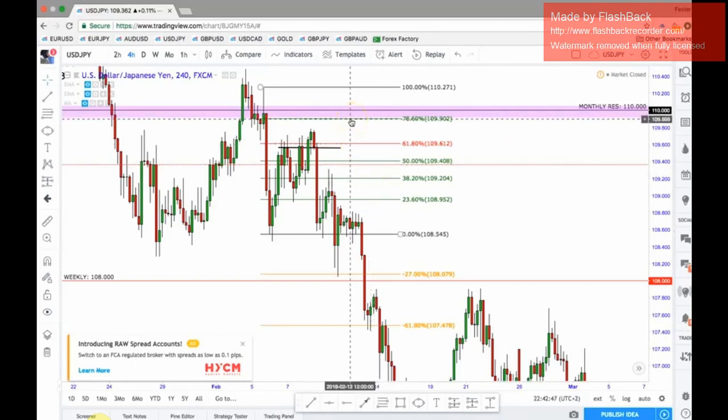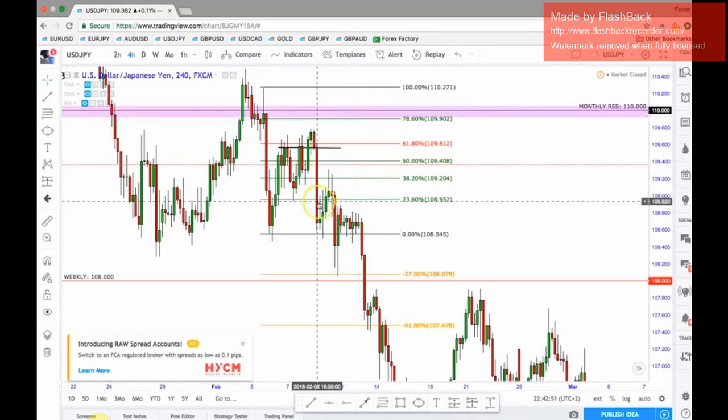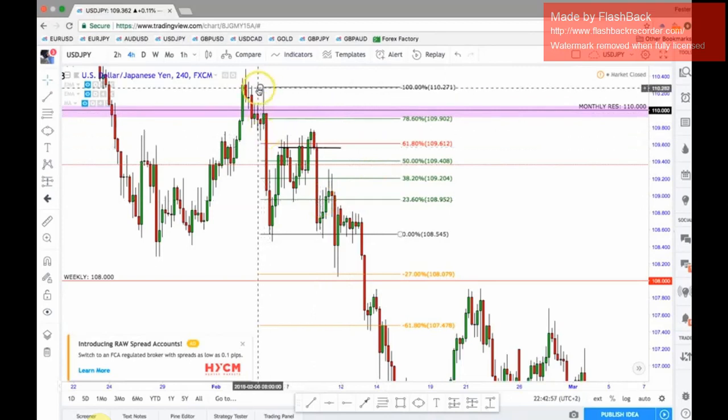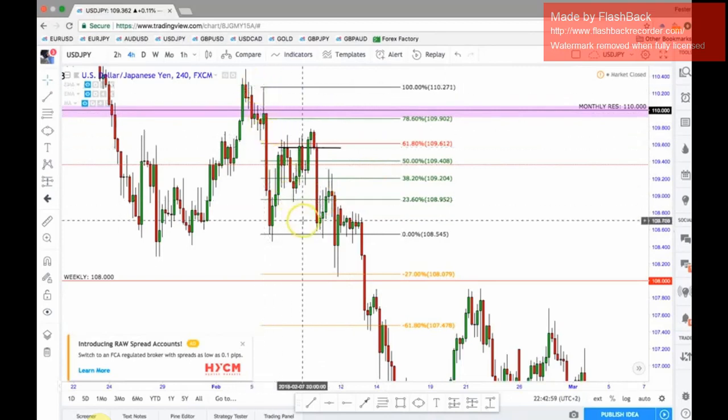This is where you can pump the lot sizes because now your risk is tiny and your reward's huge. And 23.6 is not a valid price reversal zone. Knowing where to place your Fibonacci and how to draw it will save you a lot of time and make you a lot of money.